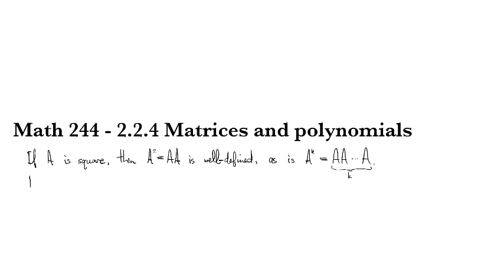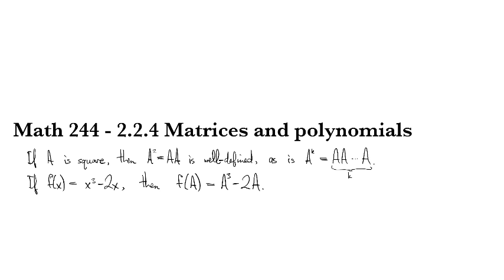And so if we had some polynomial, like say f of x was x cubed minus 2x, then we could actually apply f to the matrix A, and we'd have a well-defined thing that we could talk about. It would be A cubed minus 2 times A, right?